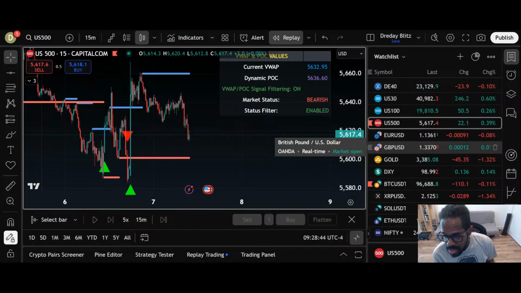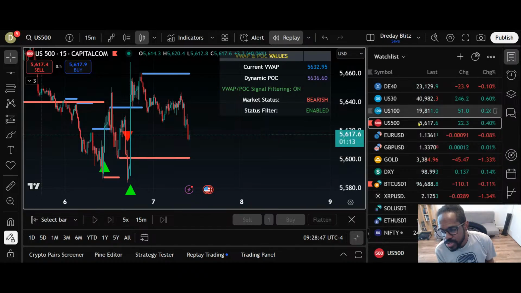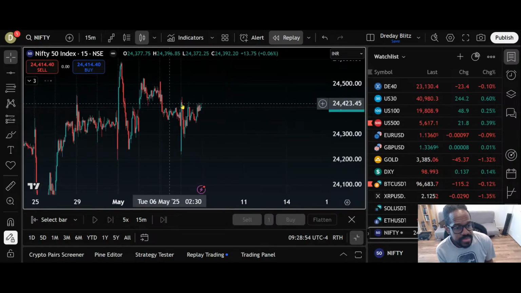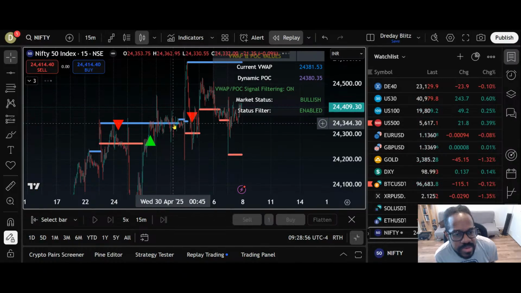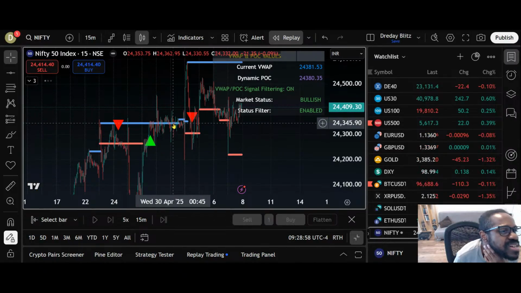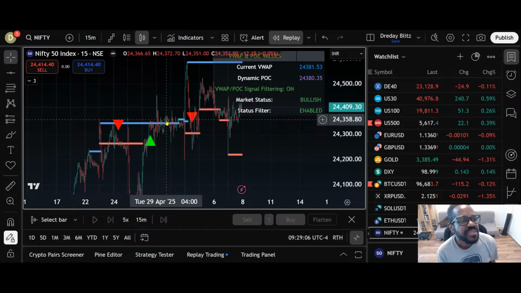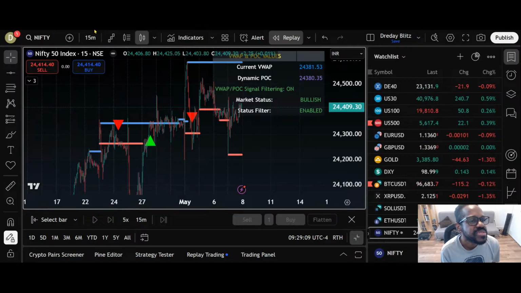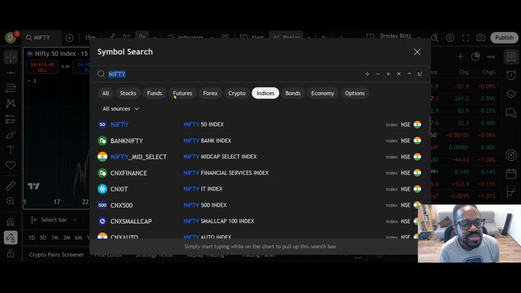So we did have one subscriber here that wanted me to analyze a new index in India. That is this one here, the NFP 500. So I'm just gonna click on it.